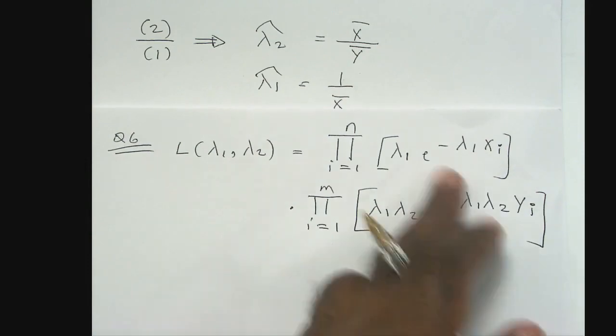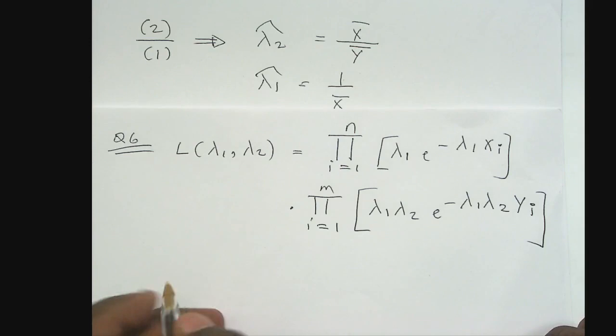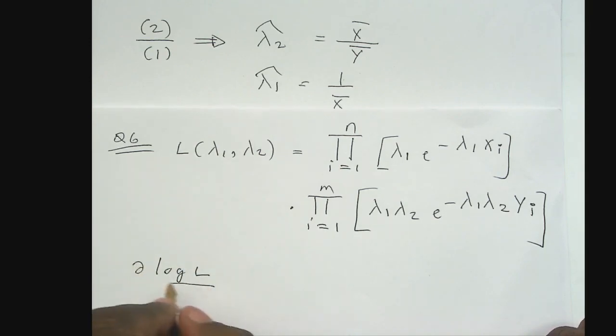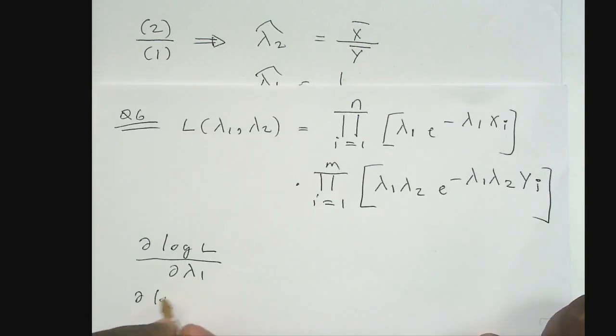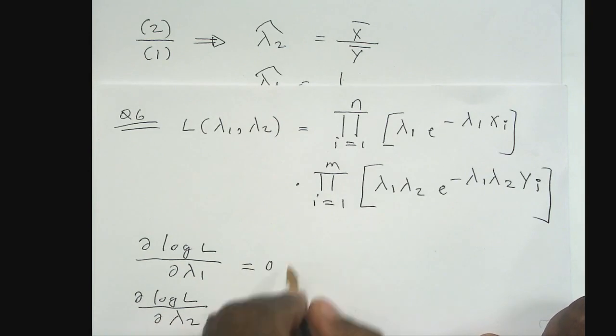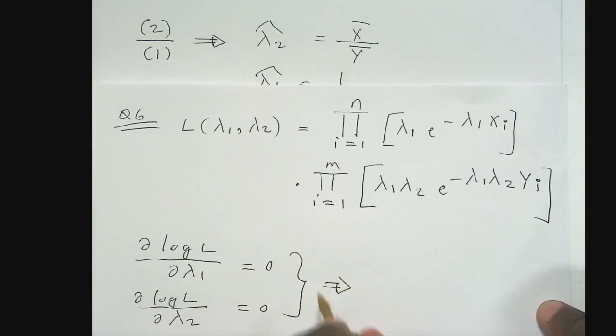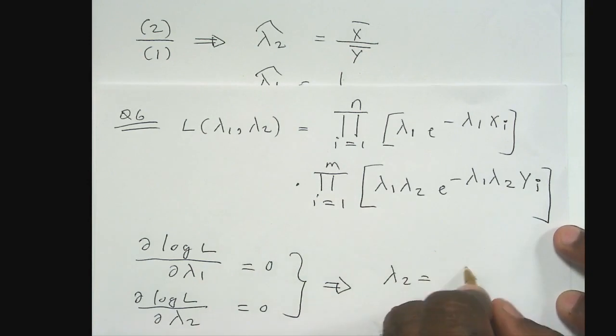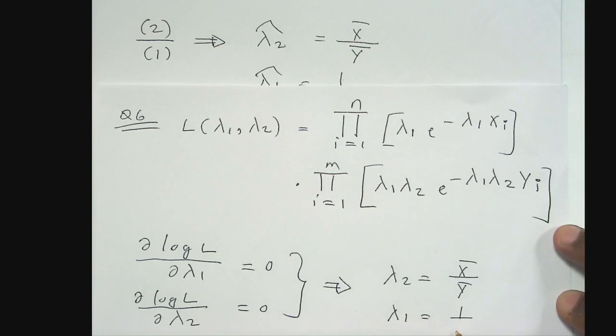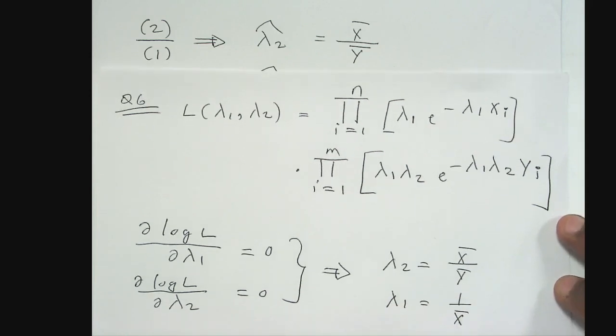So you need to obviously simplify this to find the likelihood function, and then take the log of the likelihood function, and then take the partial derivatives with respect to lambda 1 and lambda 2, set them to 0, and solve them, and you will get the same answers, guys. But obviously it will take a lot longer. You will get the same answers, but the process will be a lot longer, as you can see.